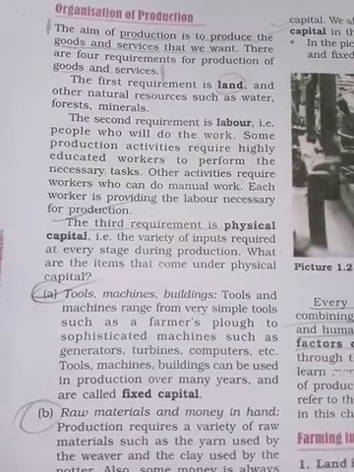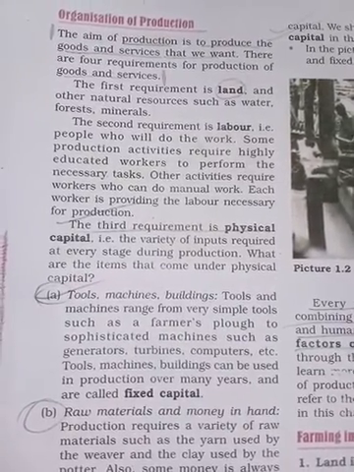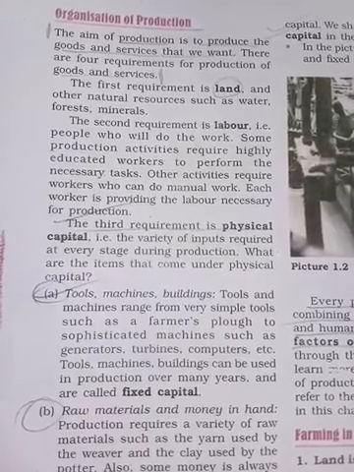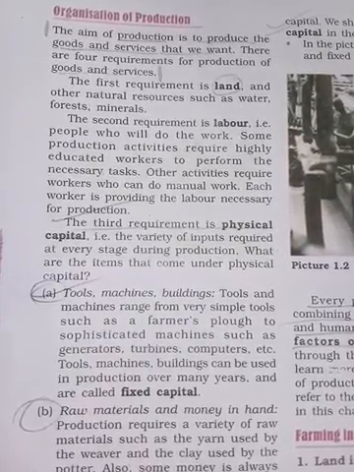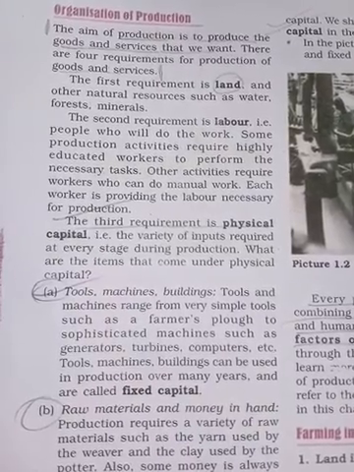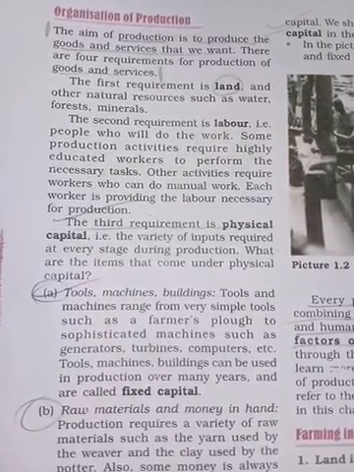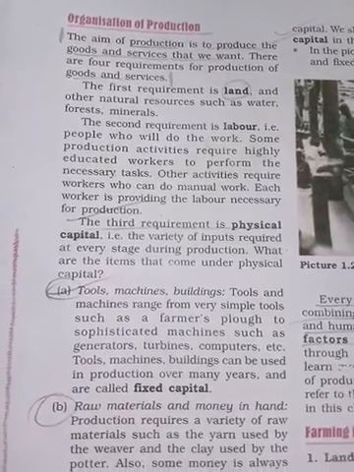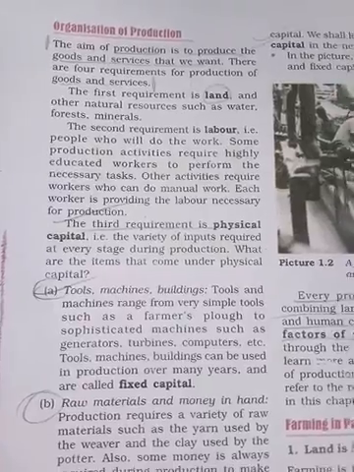So the third requirement is physical capital. The variety of inputs required at every stage during production. What are the items that come under physical capital?